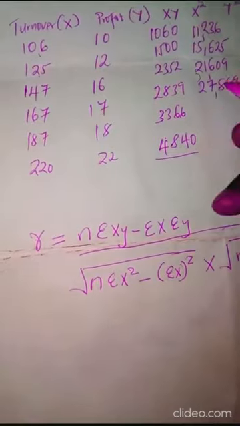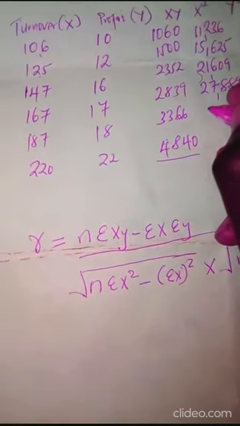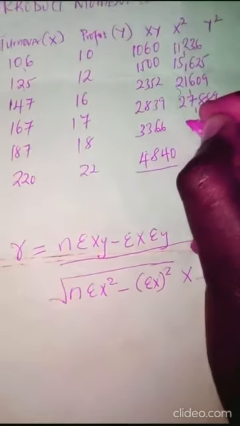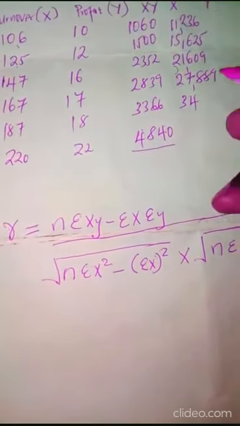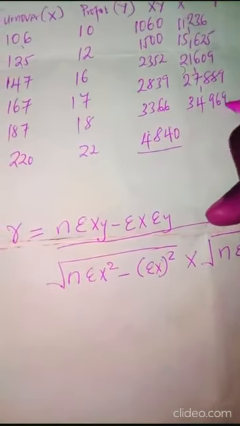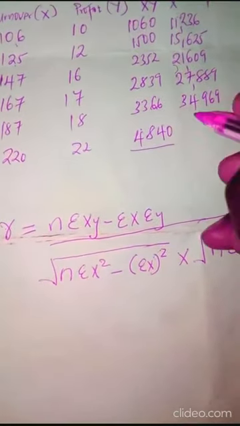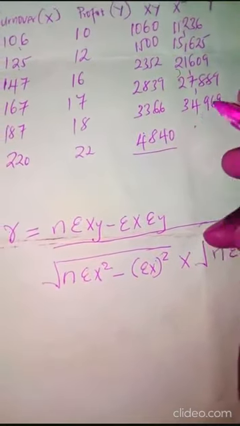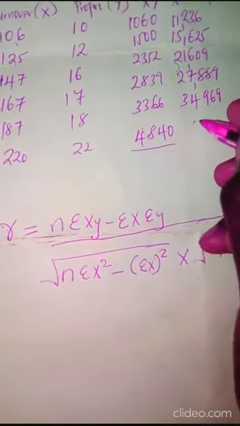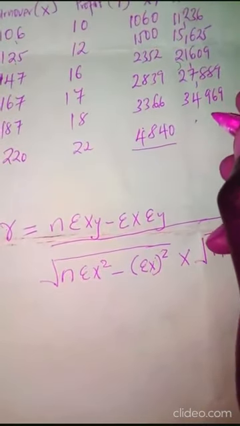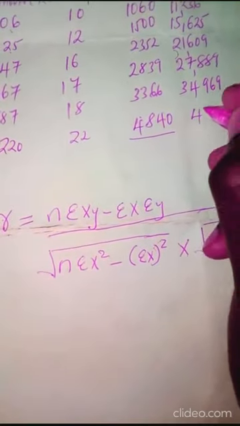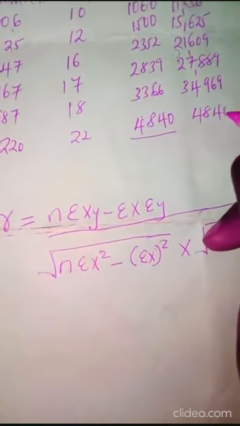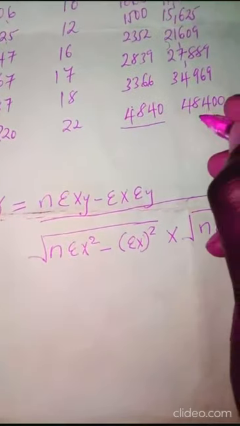Then we have 187 squared, which gives us 34,969 from your calculator still. Then finally we have 220 squared, which gives us 48,400. Those are the values of x squared.